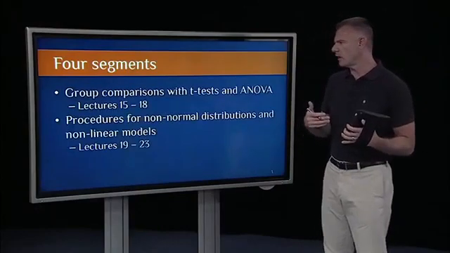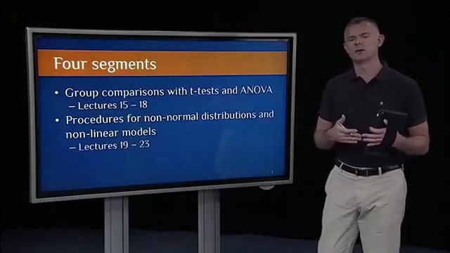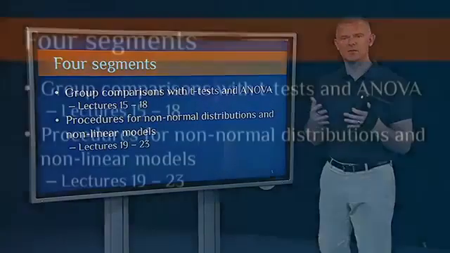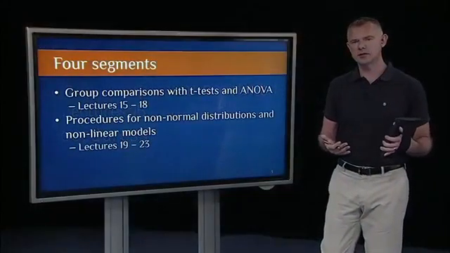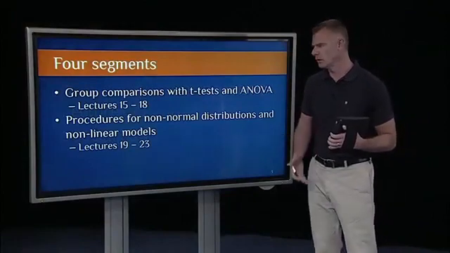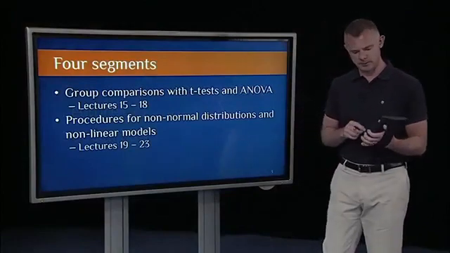In the third segment, I'll review group comparisons, so that's the t-tests and ANOVA lectures. And finally, the last piece of the semester dealt with non-normal distributions or non-linear relationships between predictors and outcomes. So we'll deal with that in the last segment.